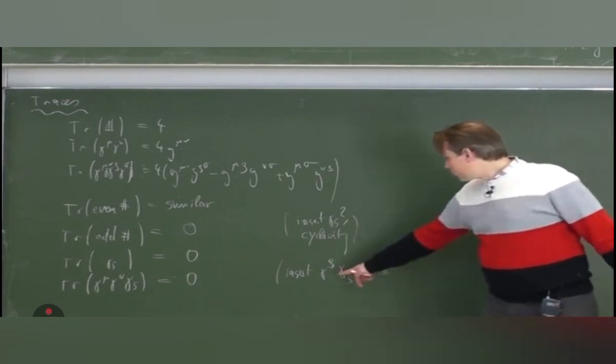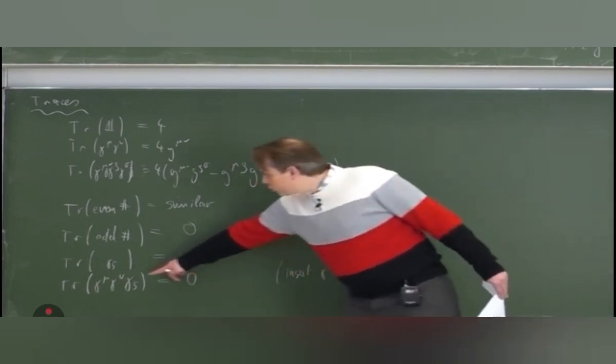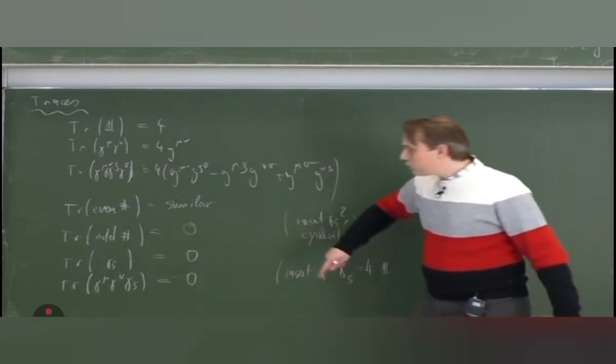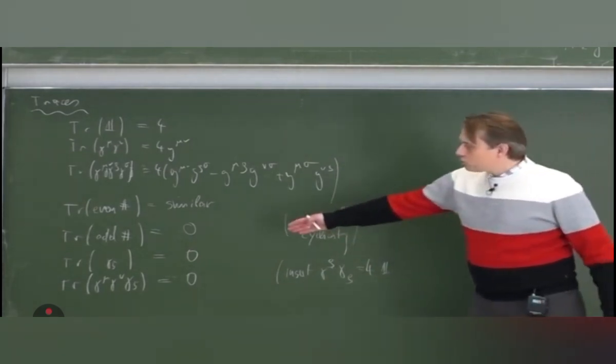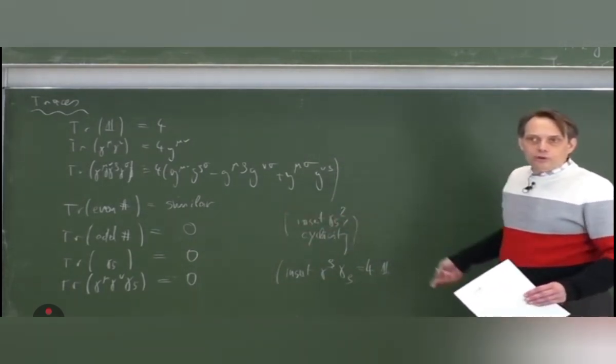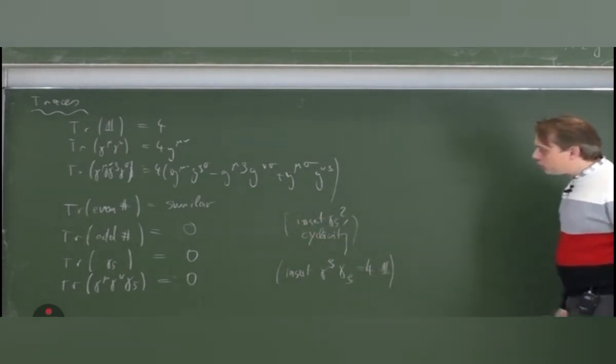So you can insert this 4 times the unit matrix into the trace, and then use again cyclicity and anti-commutation relations, and then you see that the trace must be equal to minus itself or something like this, and therefore these two traces must be 0.